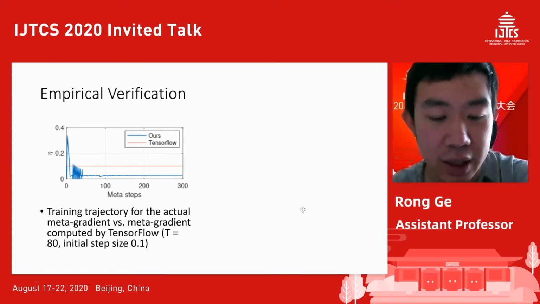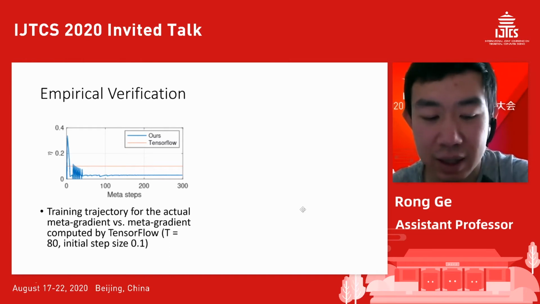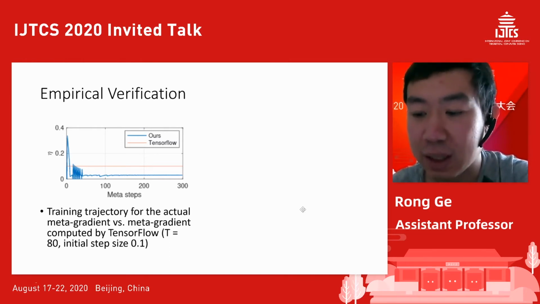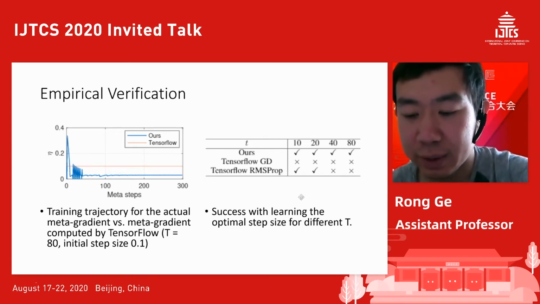On the other hand, if you just implement this meta gradient descent on a standard deep learning framework such as TensorFlow, then because of numerical issues, you actually get stuck at a suboptimal step size. So the right figure is a similar experiment.